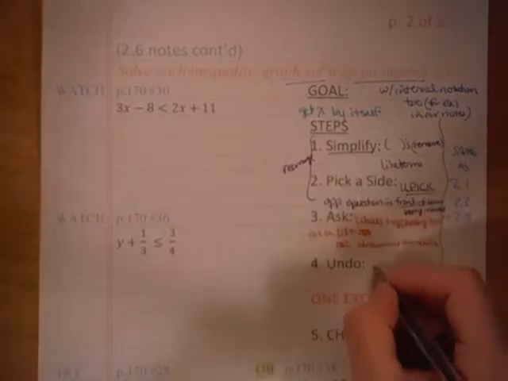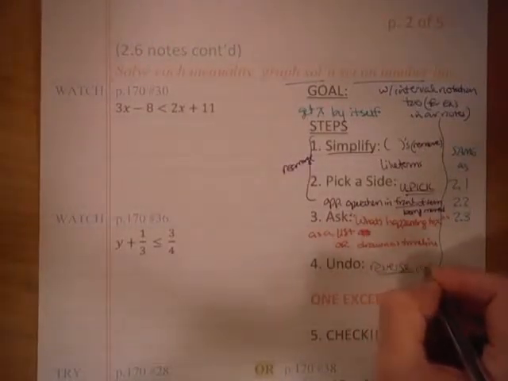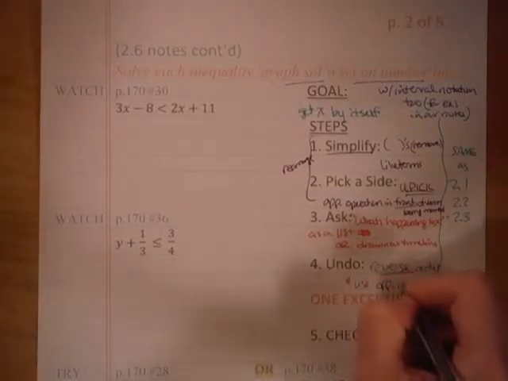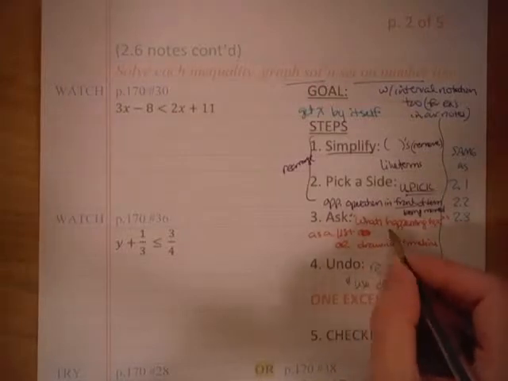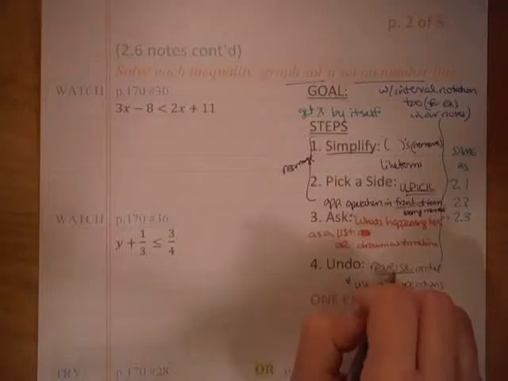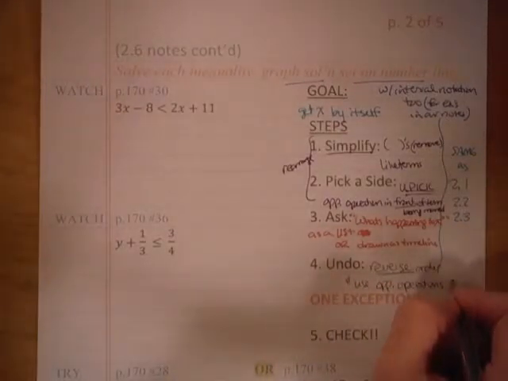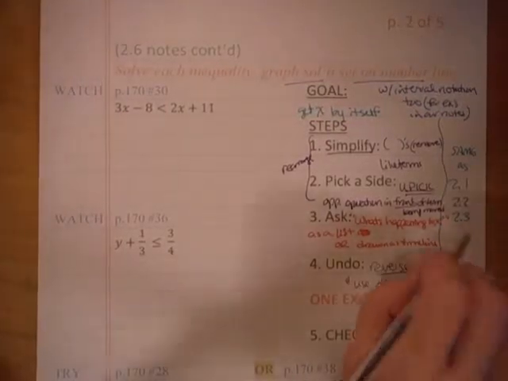And the undo reverses the order of that list and uses opposite operations to undo everything that's been happening to the variable. You undo it by doing it in reverse order. Whatever happened last, you undo that part first. Use opposite operations the whole time, and whatever you do to one side, you do to the other. Okay, so both sides, it's key on that.